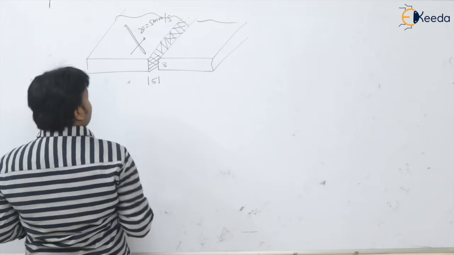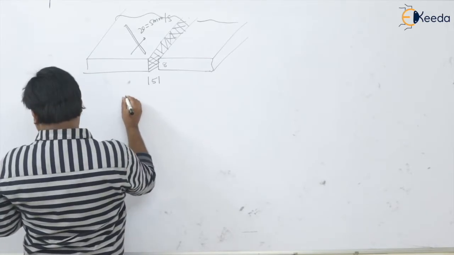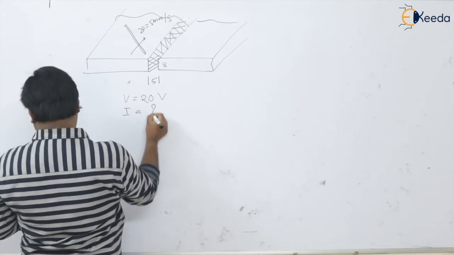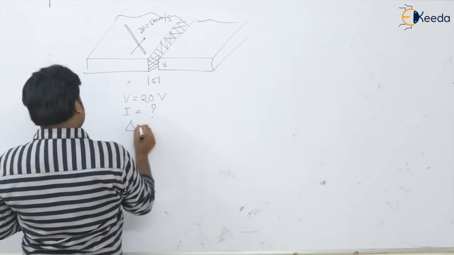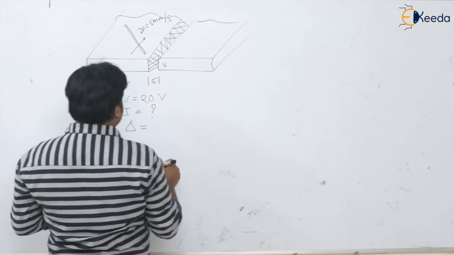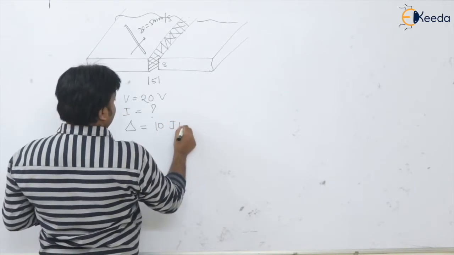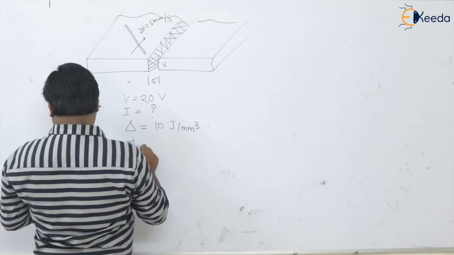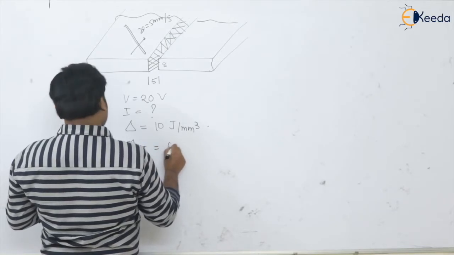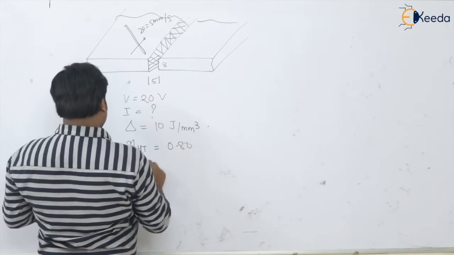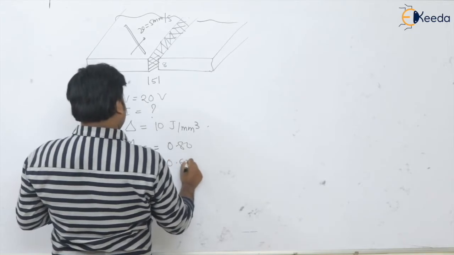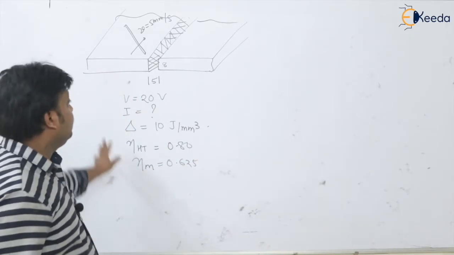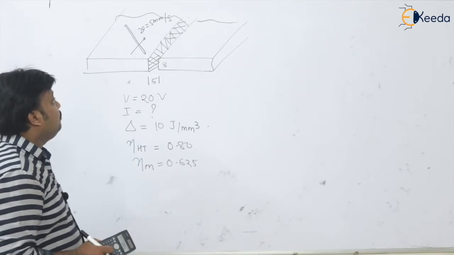Here voltage is 20 volts. Current we are going to determine. Heat required to melt the steel is 10 joule per mm cube, heat transfer efficiency is 0.80 and melting efficiency is 0.625. Very simple. I hope you will solve this question without me.